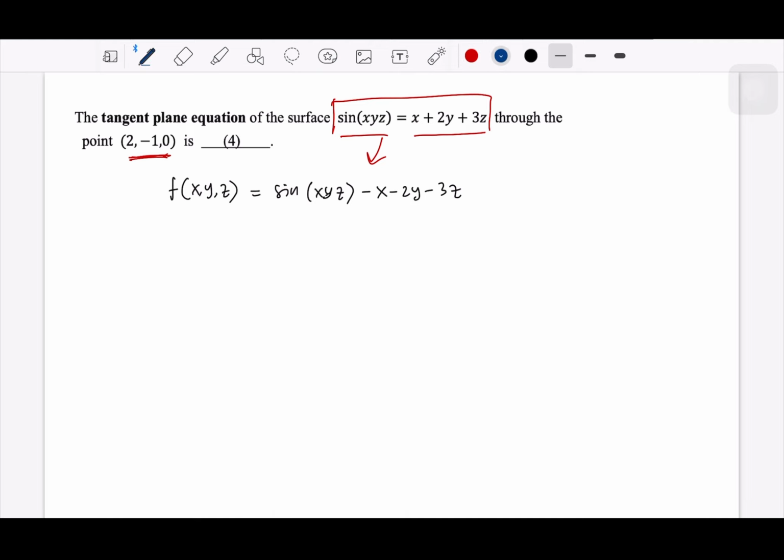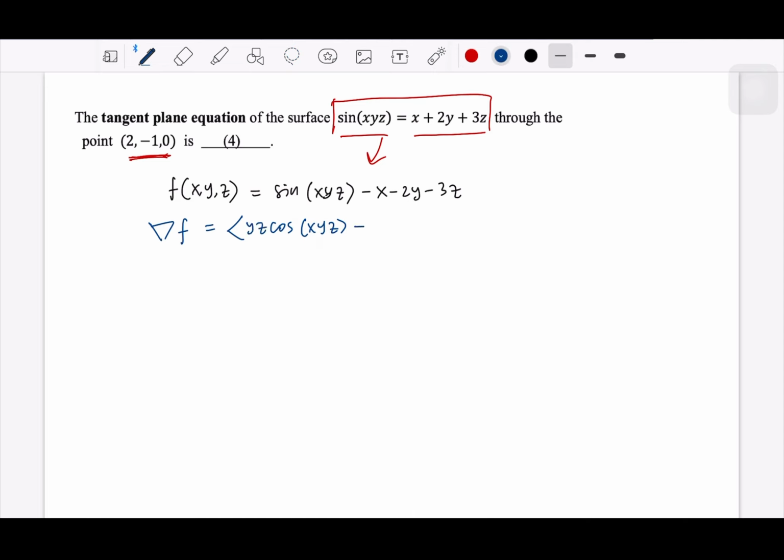Now the next thing is to get the gradient vector. First we do it for x, so we will have cosine xyz times yz, or maybe let me write yz at the beginning to avoid confusion.